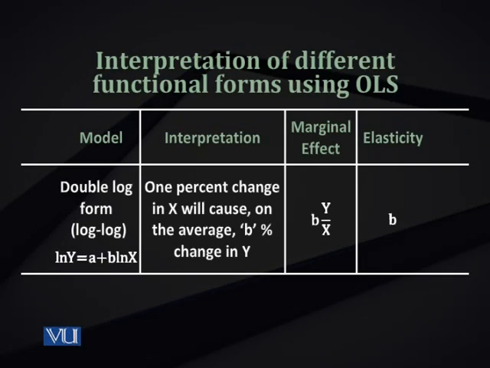And as you can see, the marginal effect is b times y over x. Basically this is the derivative of y with respect to x. And when we compute elasticity, you have simply b. So a thing that you should note, b, which is the coefficient in a Cobb-Douglas production function, it was beta, or in a double log form regression equation that you can estimate, is basically the elasticity.